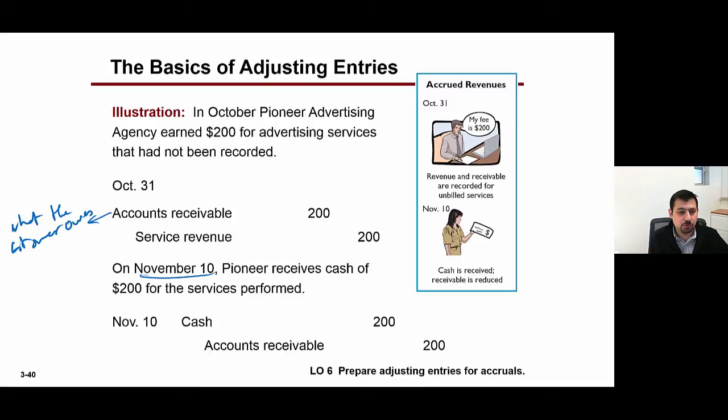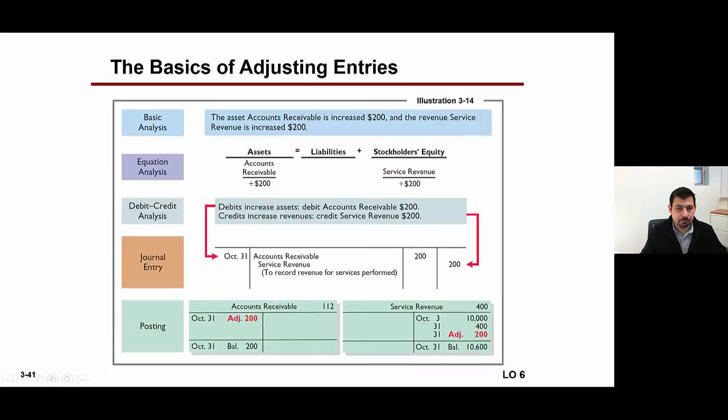They used to owe Pioneer Advertising $200. Now they don't owe them that anymore. This is why this is not service revenue. It's accounts receivable. They are paying their debt, not paying for a new service. And this is how we journalize and post the information from the adjustment.